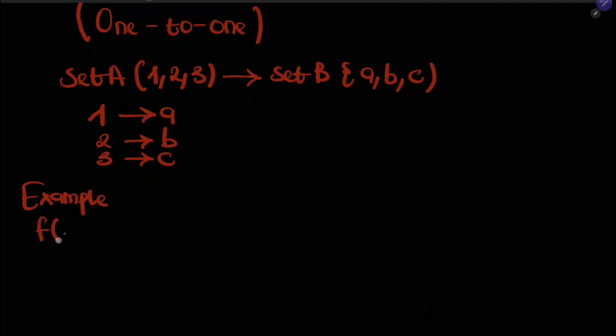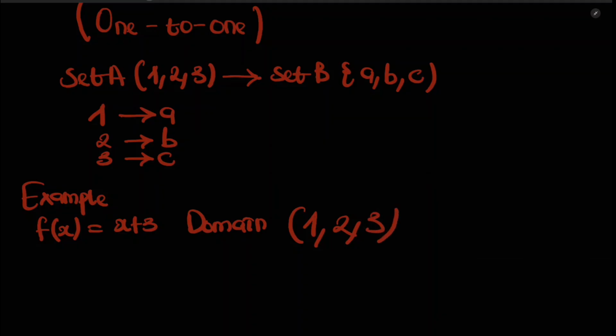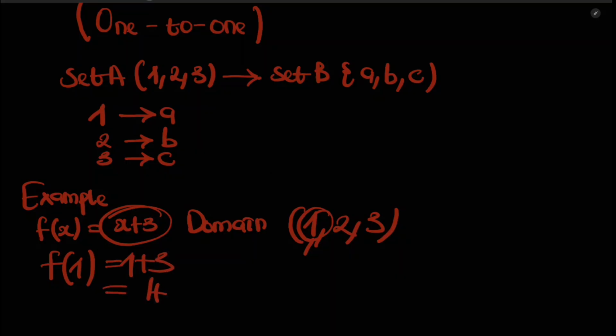If we have f of x equals x plus 3 with a domain, let's say, 1, 2, and 3. So if we want to get the output, remember from the last video, we take the first value 1, substitute it, f of 1 is equal to 1 plus 3, which gives you 4.